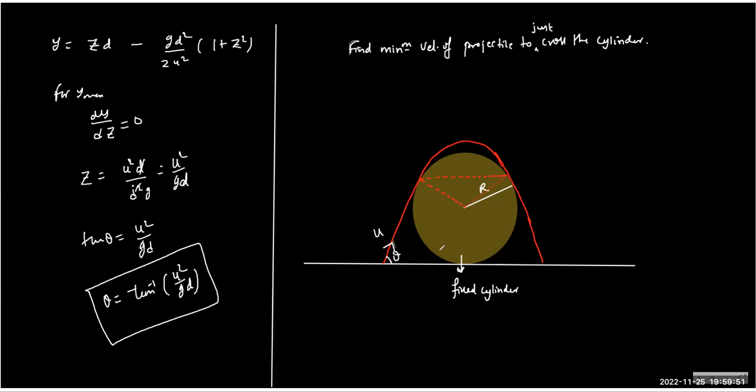Also, we need to find theta, u, and all. So this is the challenging part. If you want to think for a while, you're free to think. Then I'll start solving this. Okay. So take some time to just think about it.